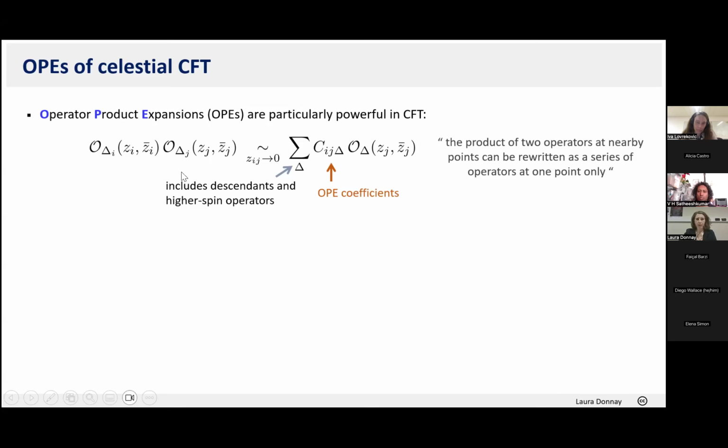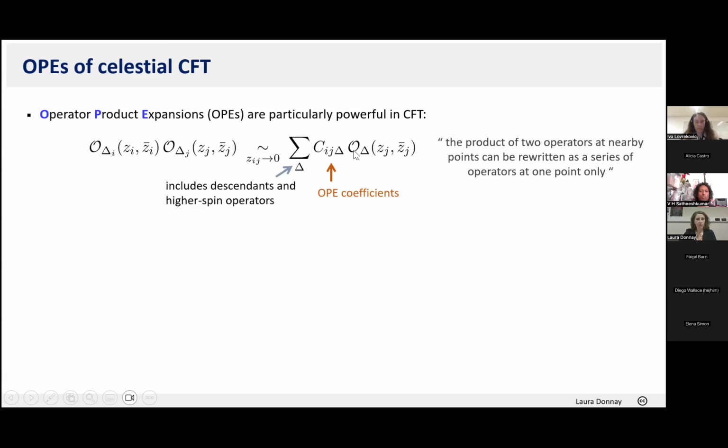In general, this is quite a complicated sum. Here is a schematic way of writing this OPE, but you really have to think that this sum includes the descendants of this operator, so derivatives of it, and higher spin as well.